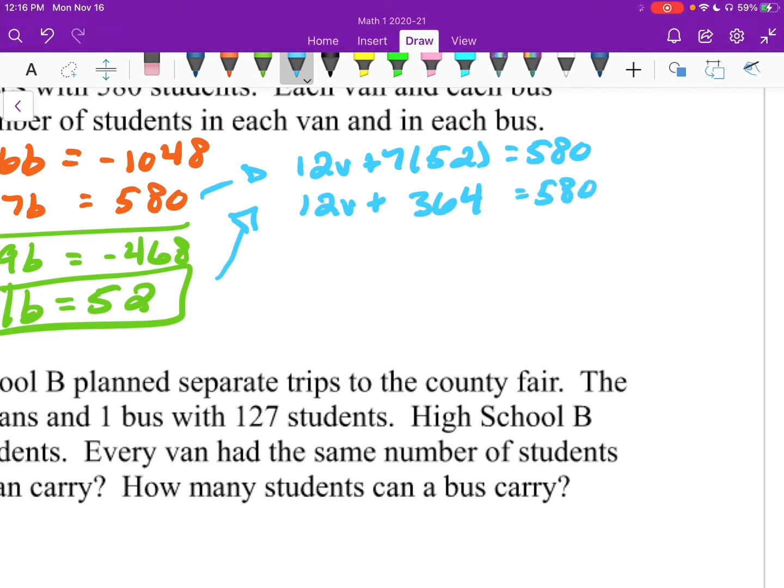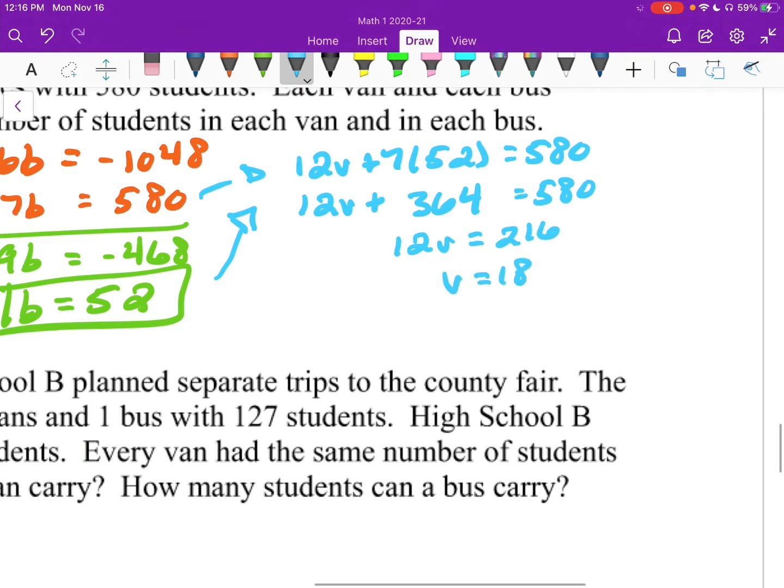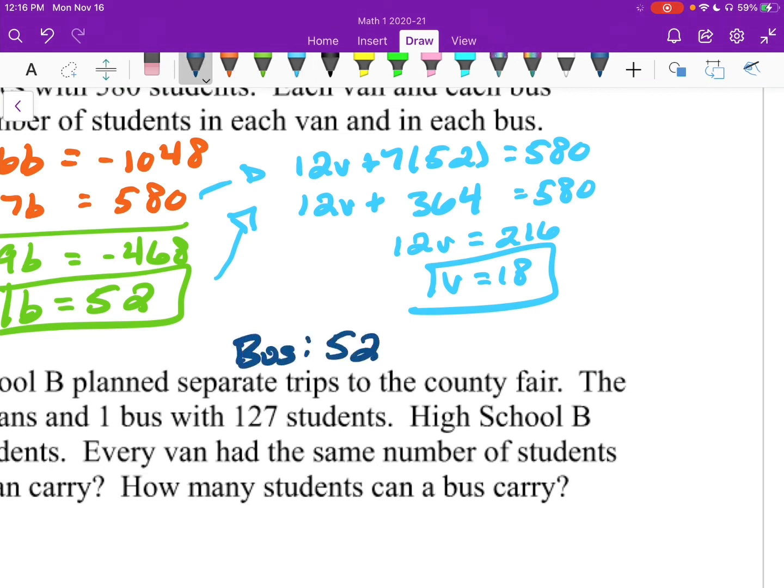I'll take 580 minus 364. 12v equals 216. And I divide by 12, v equals 18. So a bus has 52, and a van has 18.